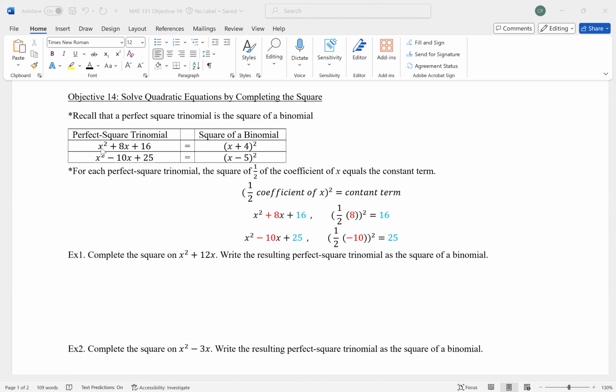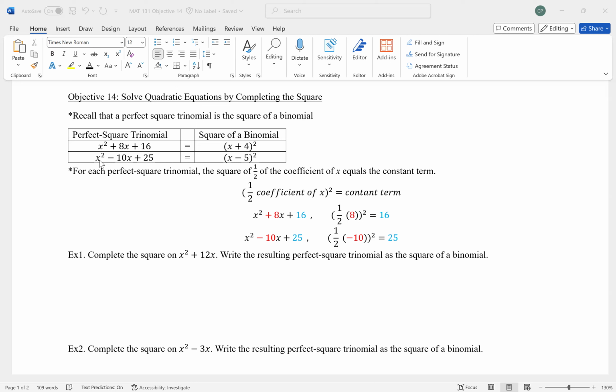If we take that x squared, figure out what that is squared, and take the 16, figure out what that is squared, we will get x plus 4. That will be the way we kind of talked about it in class, that possible solution for that binomial squared. And then, of course, we checked it in class to make sure.